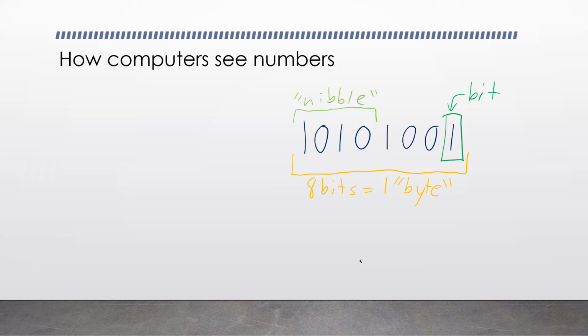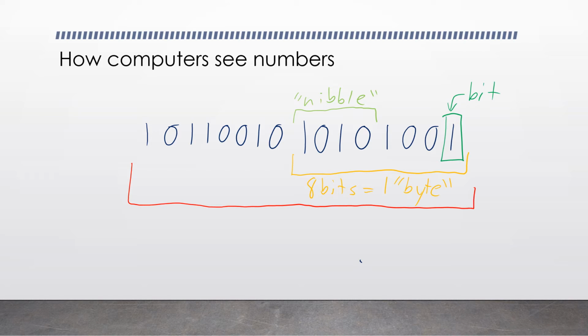Now we could extend this number with more digits. When we do this, the result of 16 bits, 2 bytes, is called 1 word.